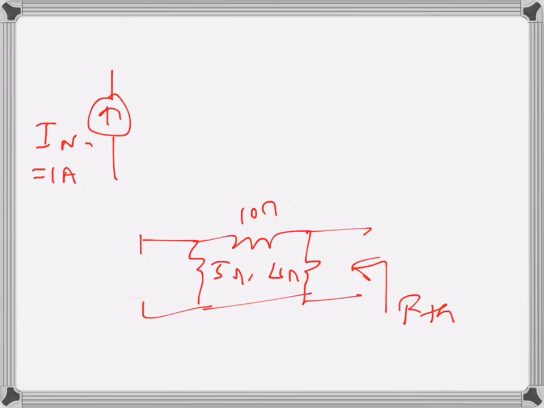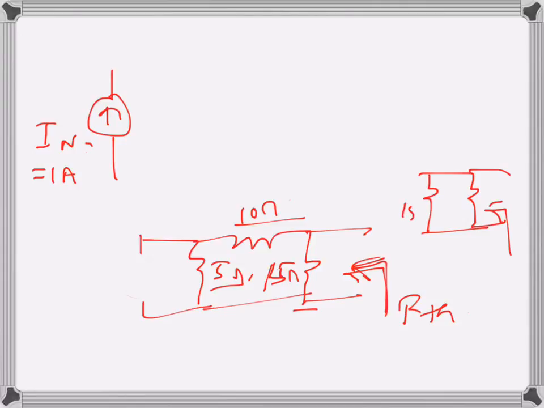Once I do that, I actually have 10 ohms and 5 ohms in series. The total of that series combination is 15 ohms, which comes in parallel with this 15 ohms, as the resistance is seen from here. So basically we end up having something like this, with both 15 ohms.